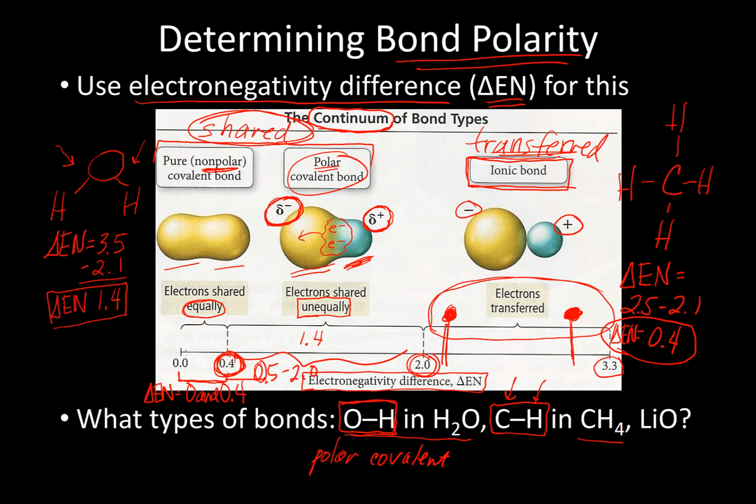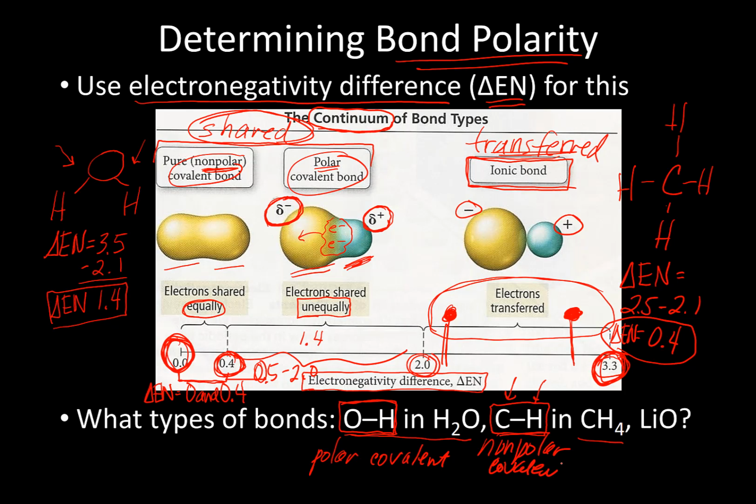So we've got the most purely equal electron sharing on the left-hand end of the spectrum, where we have a delta EN of 0, to the most complete electron transfer you can have of 3.3, and the most ionic a bond can be. So it's a continuum. So these breaking points are somewhat arbitrary. So we can classify the CH bonds in methane, based on that criteria, as nonpolar covalent.